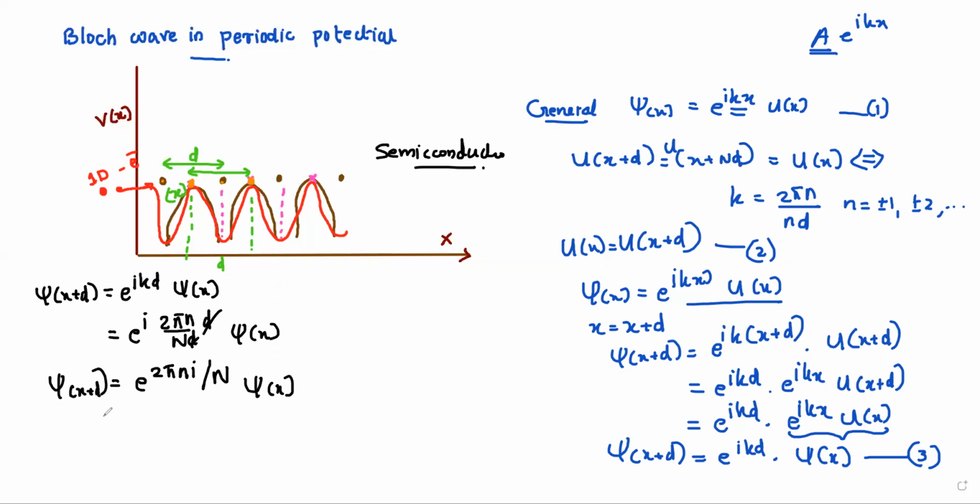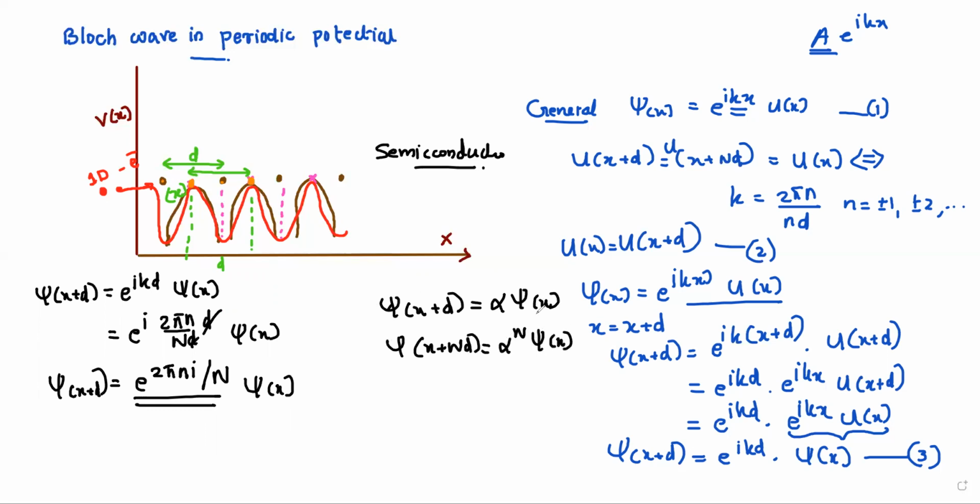Actually, this value we already wrote as alpha, because alpha times psi of x is psi of x plus d, and psi of x plus nd is equal to alpha raised to n into psi of x.